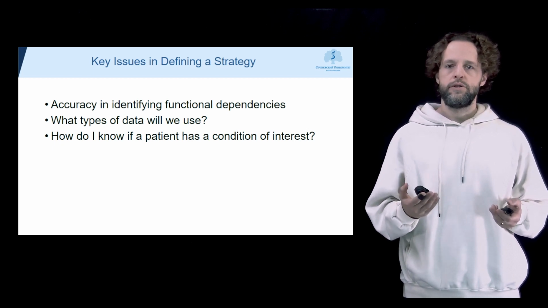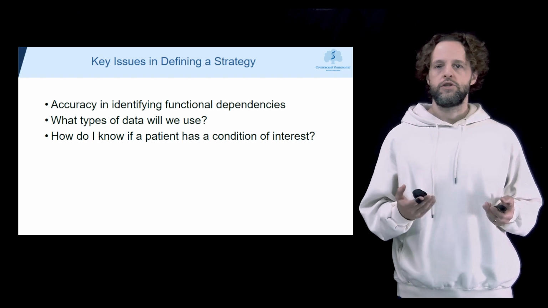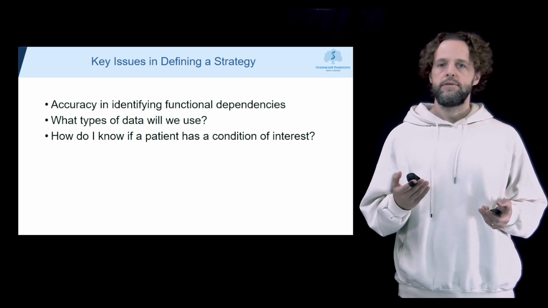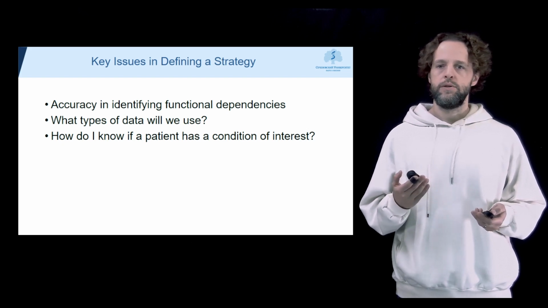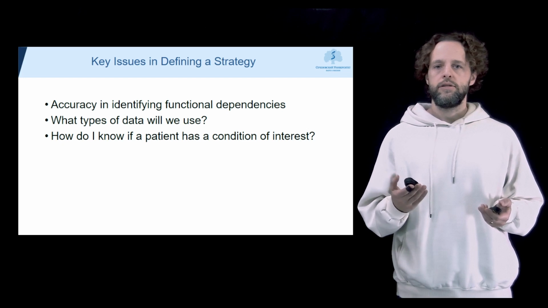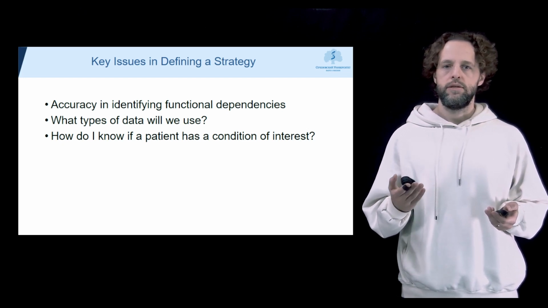With what accuracy should functional dependencies be identified? How many different kinds of data are going to be used? How do we know if a patient has a condition of interest?